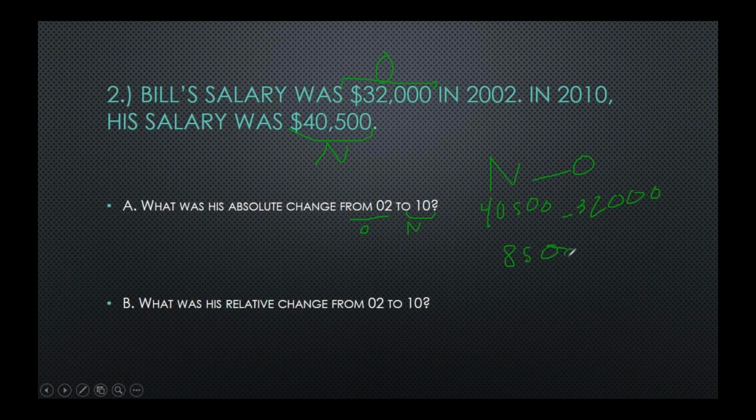Good. And it's positive, so that's an increase. Bill's salary increased by $8,500. Then we go to relative change: new minus old divided by old. I have my 8,500 on the top, and I divide that by 32,000. What is my relative change?